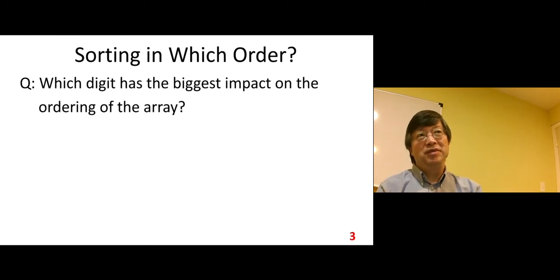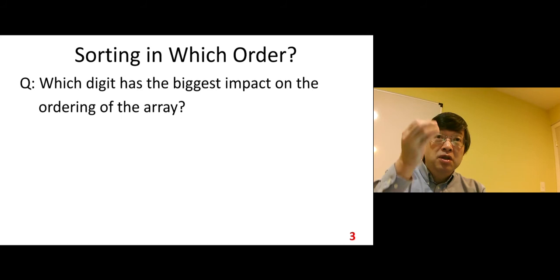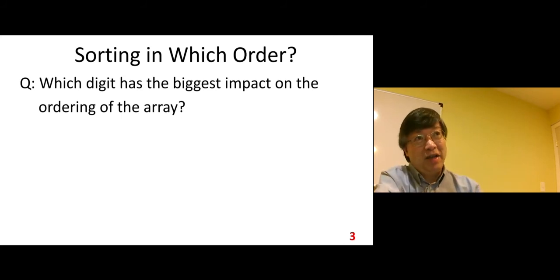Which digit? The least significant or the most significant? You can guess, probably the most significant, because from its name, most significant, that's related to the impact, the biggest. But let's see why that is.